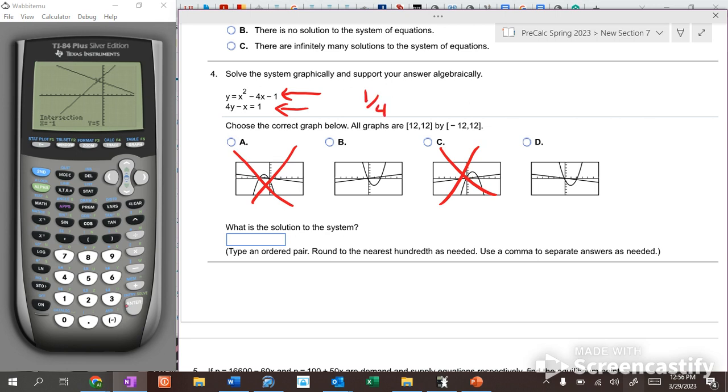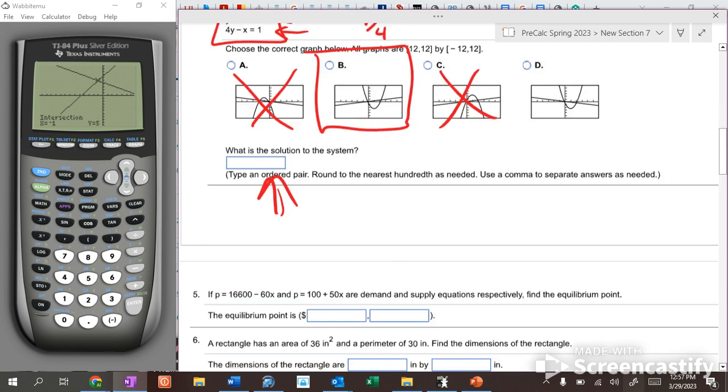So it should be going up at a slope of 1/4, so you know instantly it's this one. What's the solution? Well, I would graph these on my graphing calculator and find where they intersect. How many intersections are they going to have? 2. So you're going to have 2 answers here.